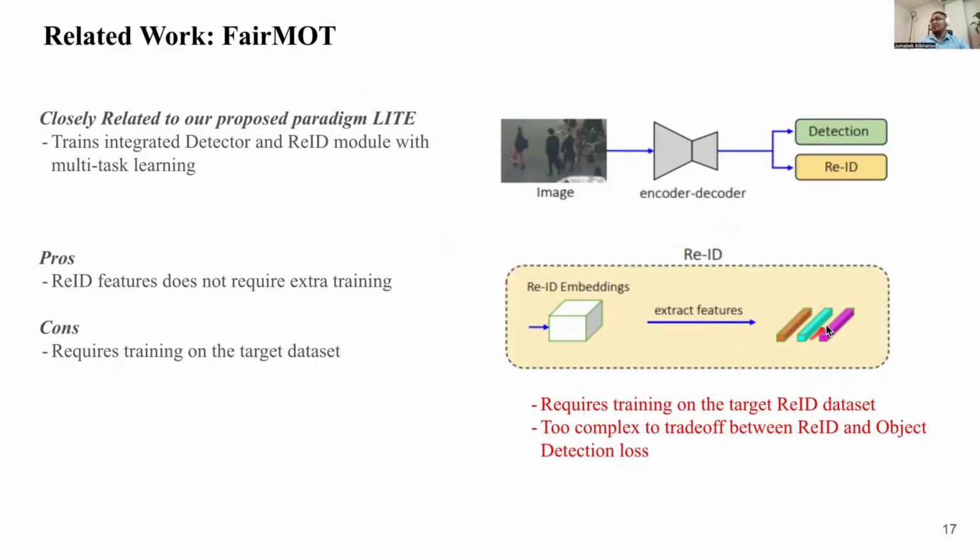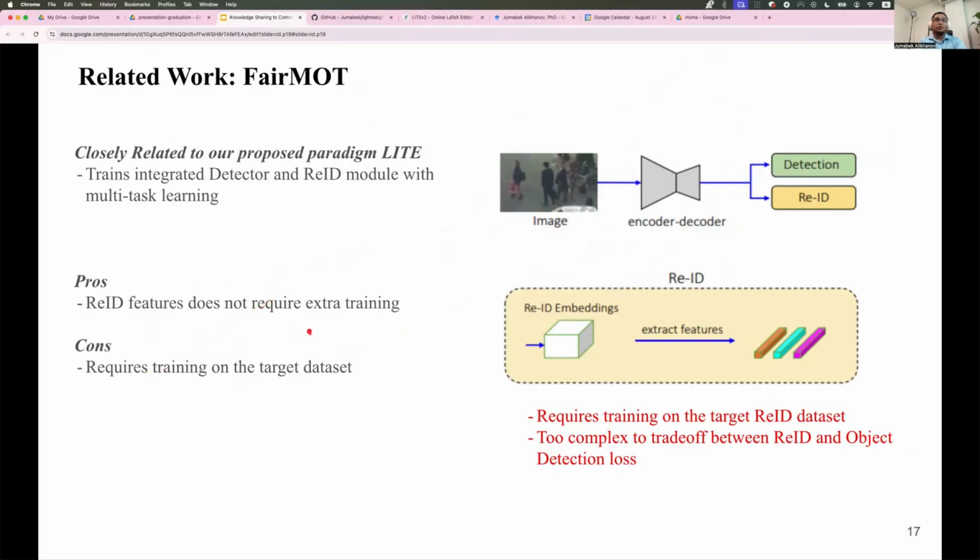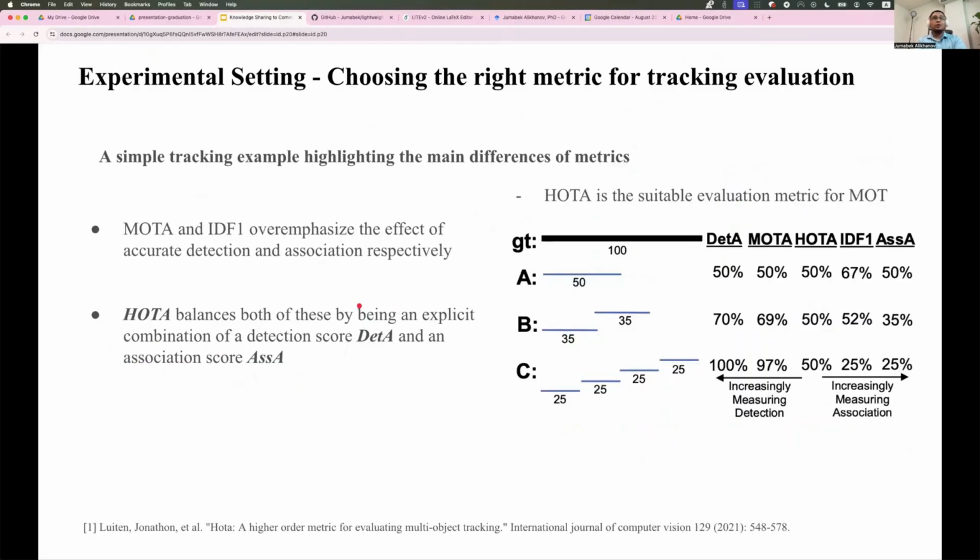It will extract a feature vector for each object, each person. So the good thing is it doesn't require extra networks because they added it into one. But the bad thing is, it doesn't require extra training, but it requires extra compute. This is what I want to say here.